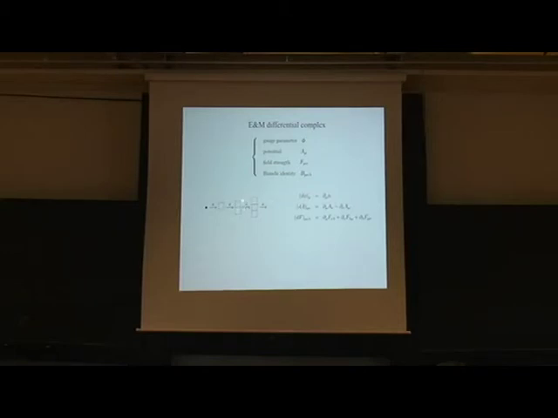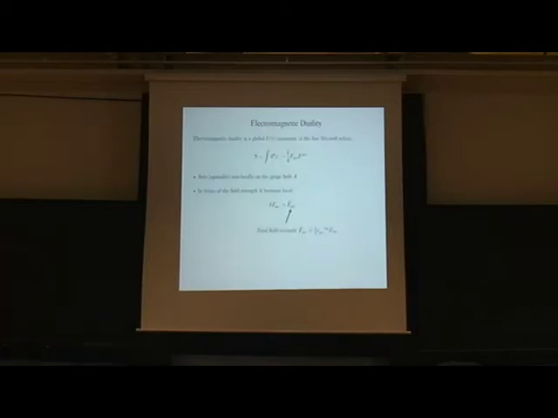And then the derivative of the field strength gives the Bianchi identity that has to be satisfied by the field strength. And the crucial property of this sequence is that d squared equals 0, which tells you things like if the field strength vanishes, then the potential has to be pure gauge, or if a putative field strength satisfies the Bianchi identity, then it can be written in terms of the gauge potential.